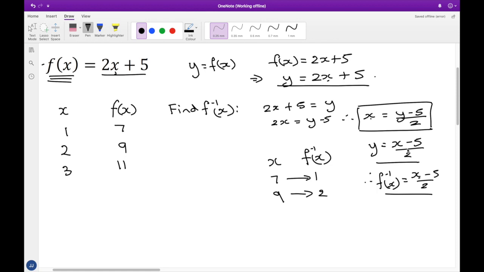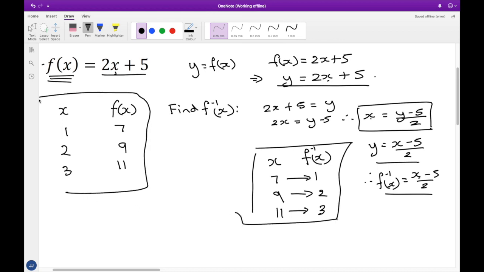If I wanted to have in my domain x is equal to 11, then x is 11 minus 5. That'll give me 6 divided by 2. It'll map back onto 3. So we could see here that this equation does the exact opposite of this.